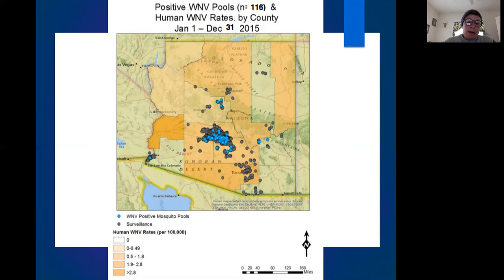They also have the number of pools that they use for surveillance, right? Here's Tucson, here's the Phoenix area. And then they can also map the human rates of West Nile virus, right? So the choropleth map here in the background, the shades of orange, are how many people got sick from it.